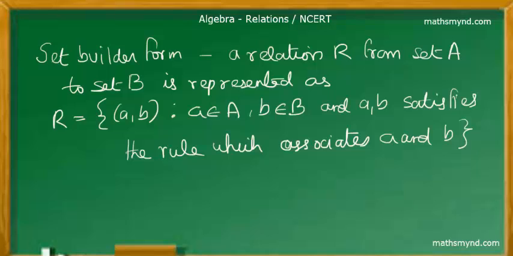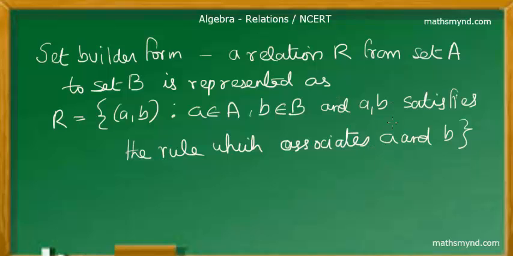So it's a relation R from set A to set B, which is represented as R is equal to (a, b), that's the ordered pair (a, b), where the first element a is an element of set A, and b is an element of set B. And the key thing is that (a, b) satisfies the rule which associates a and b.